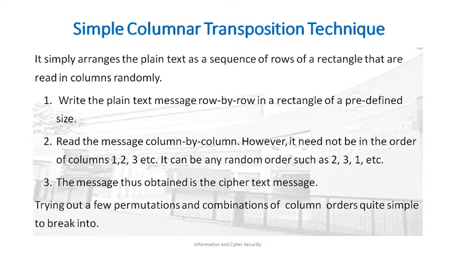Second step is to read the message column by column. However, it need not be read in the order of columns like 1, 2, 3, etc. It can be read in any random order such as 2, 3, 1, etc. The message thus obtained is the cipher text message.